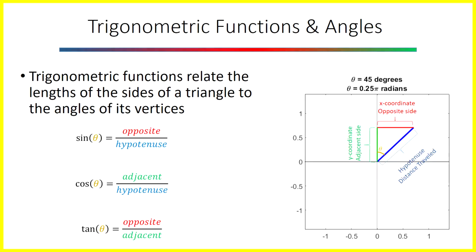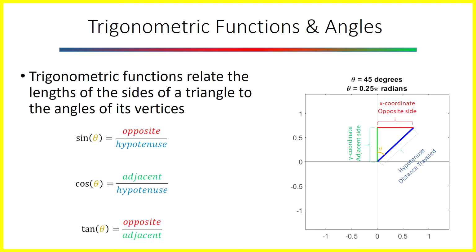We know that we walked 1 mile, so our hypotenuse is 1. The length of the red side of the triangle, which is equal to our x-coordinate, can thus be determined by multiplying the sine of 45 degrees by our hypotenuse. Similarly, the length of the green side of the triangle, which is equal to our y-coordinate, can be determined by multiplying the cosine of 45 degrees by the hypotenuse.